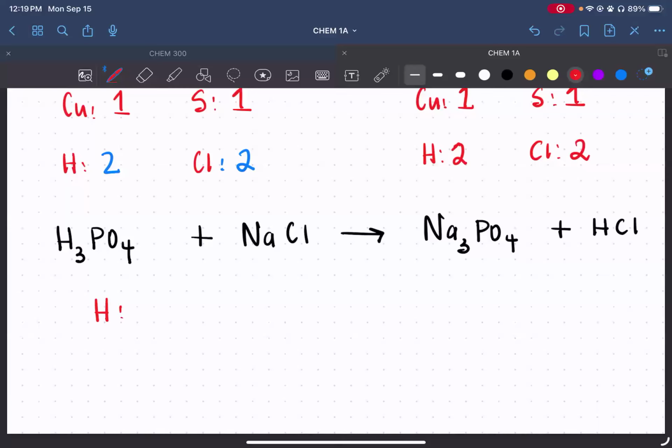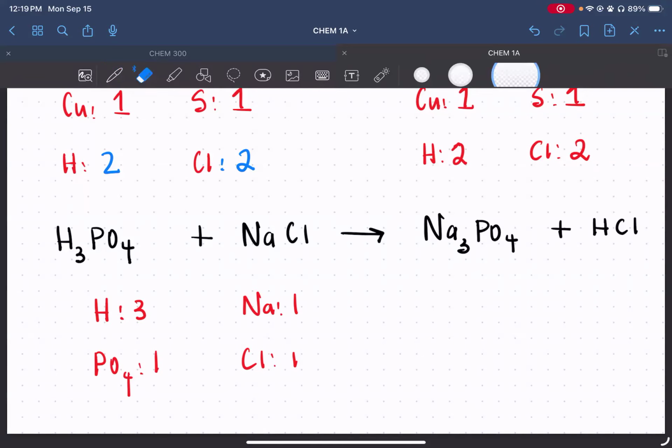On the left-hand side, there are 3 hydrogens, 1 PO4, 1 sodium, 1 chlorine. On the right-hand side, there are 3 sodiums. Let me make sure that they're roughly the same order: hydrogen, PO4, Na, and Cl.